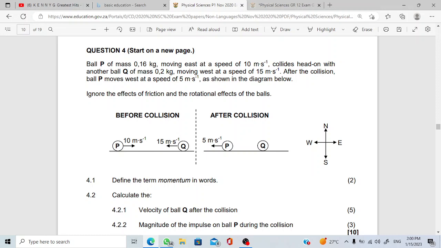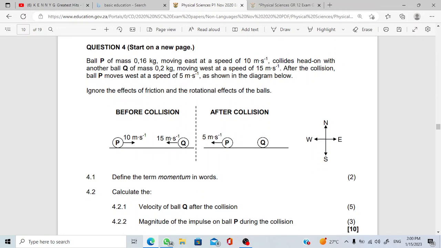Ignore the effect of friction and rotational effect of the pulley. Now we are asked to define the term momentum. The linear momentum of a particle is a vector quantity.